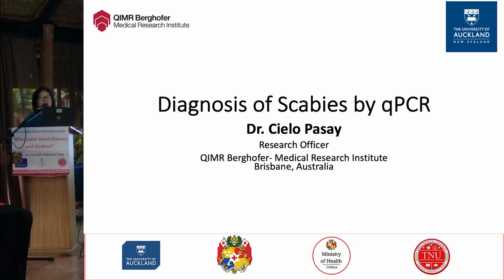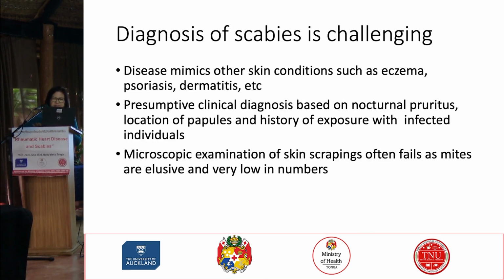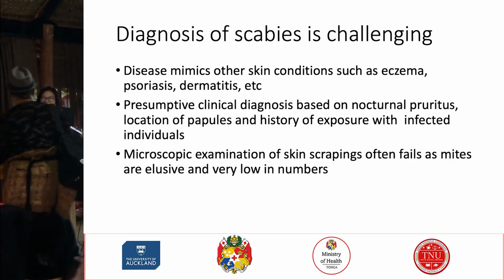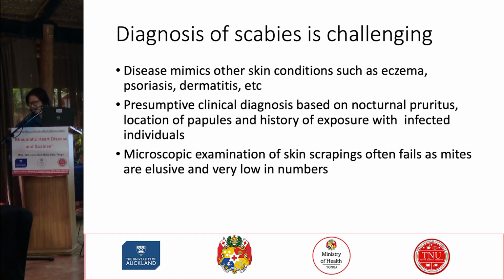I'm going to talk about the diagnosis of scabies in the laboratory, which is by PCR. As you've heard already in most of the talks, diagnosis of scabies is really challenging, because in the early stage of the disease, it mimics all other skin conditions such as eczema, psoriasis, dermatitis.